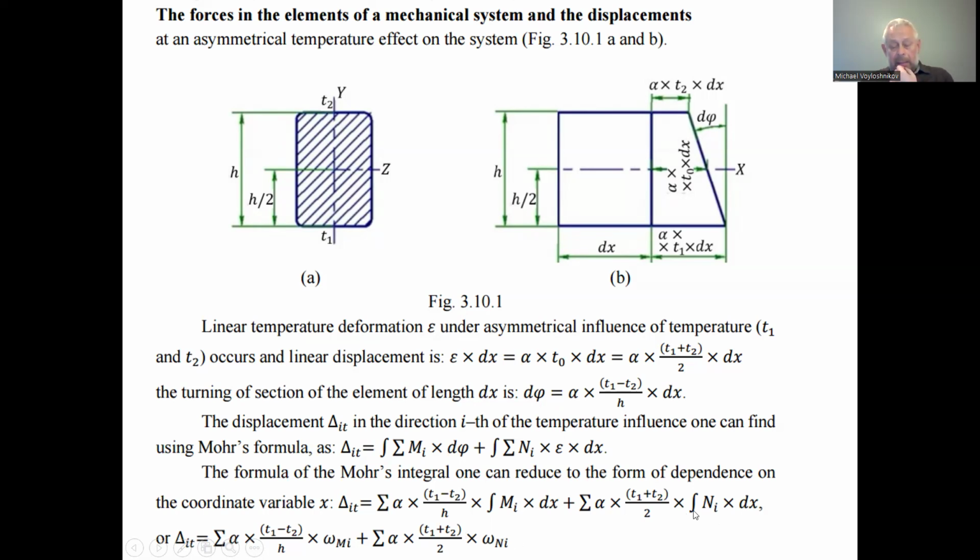And the integral of the product of longitudinal force by dx is the area of the diagram of the longitudinal force.